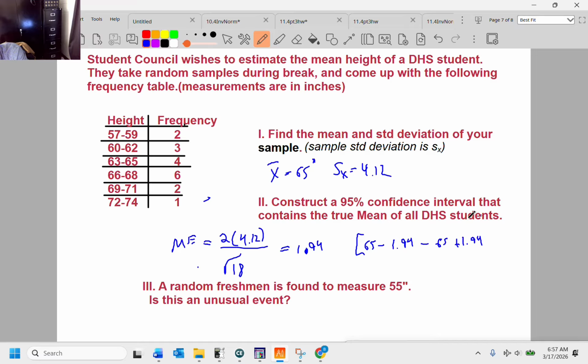They seem like tall numbers. 65 is 5'5". I guess that's probably about right. So 65 minus 1.94 is 63.06, and 65 plus 1.94 is 66.94. There you go. You are 95% confident that the true mean of DHS lies in that interval.